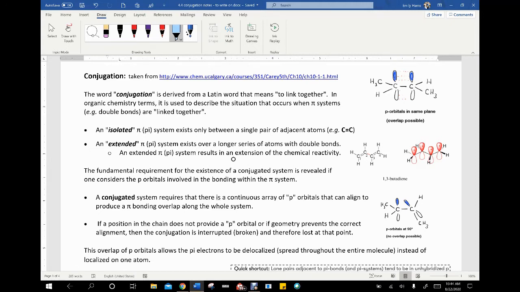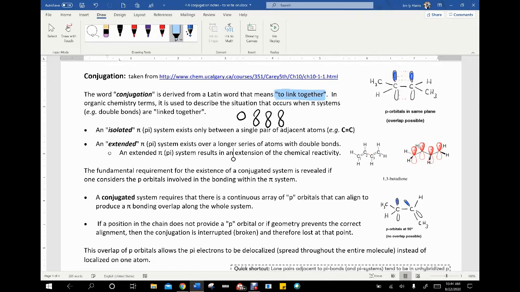Now, if you remember, when we are having a pi bonding system, you have to at least have a double or triple bond. What happens when you have a double or triple bond is you end up with a hybridization of either sp for a triple bond or sp2 for a double bond. And if you remember, let's just pretend we have sp2 hybridization for a second.